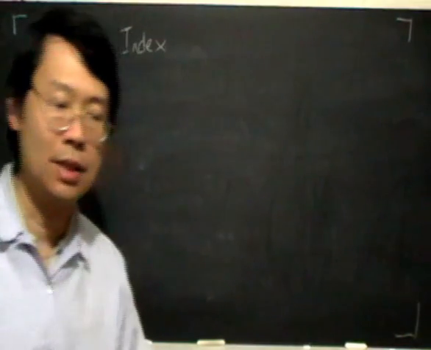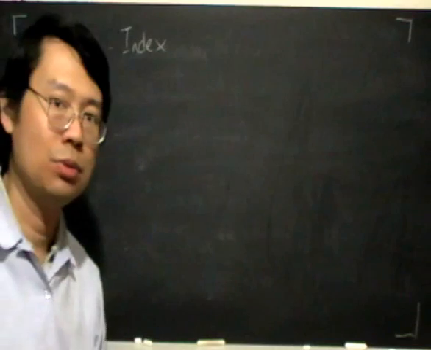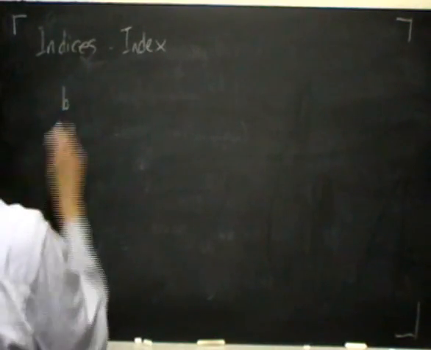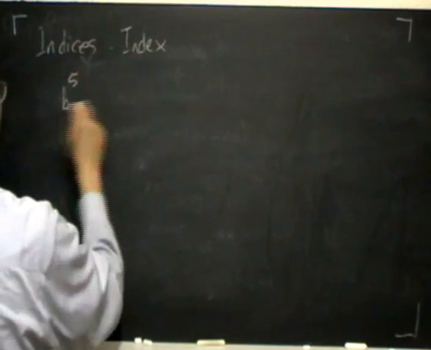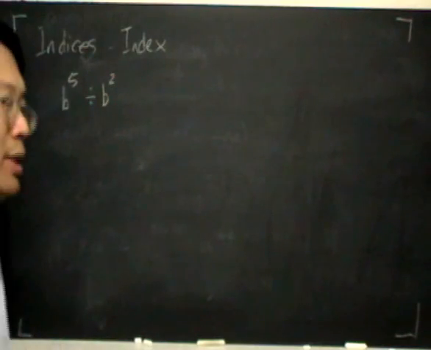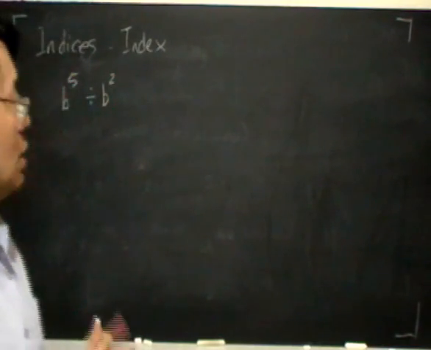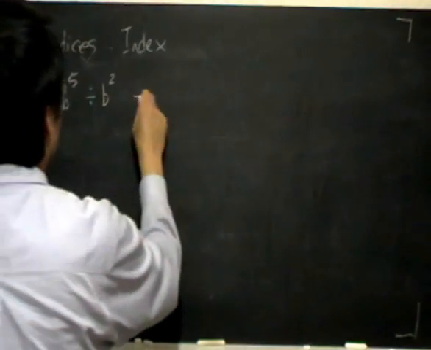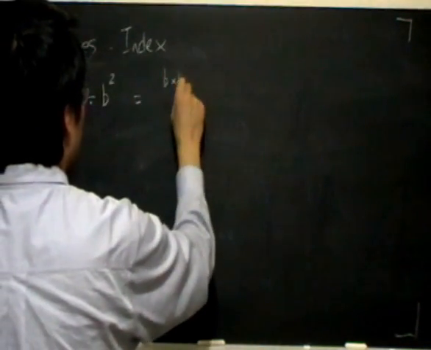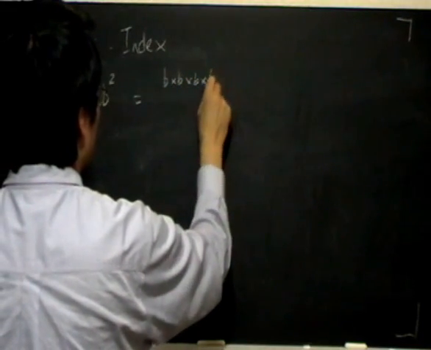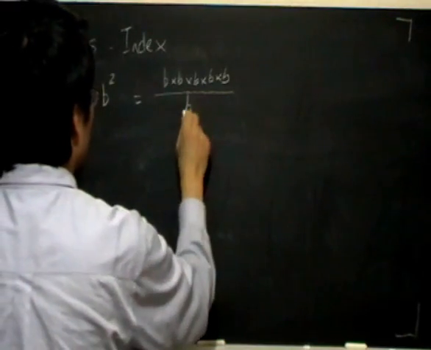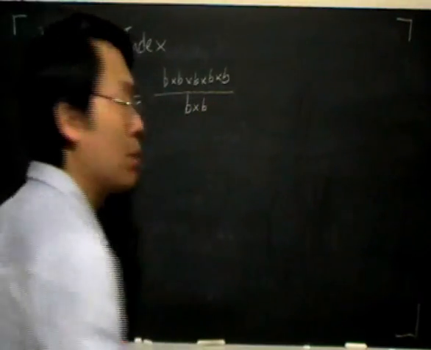Right? Let's look at division now. Suppose now that I need to divide 2 powers. Let's say I have b to the power of 5 divided by b squared. So I can write this out. That would be b times b times b times b times b, 5 factors of b, divided by b times b for b squared.